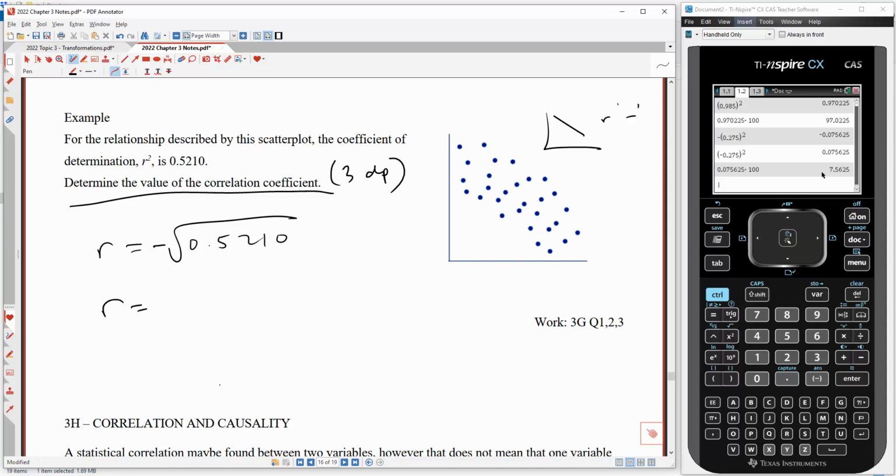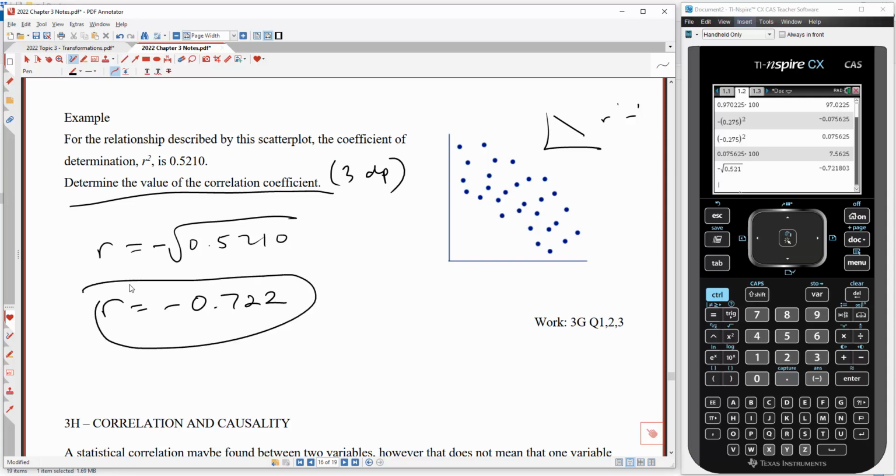So R equals. We go to the calculator with a negative sign out the front, 0.5210, and I've got negative 0.272 to 3 decimal places. So that's our R value.